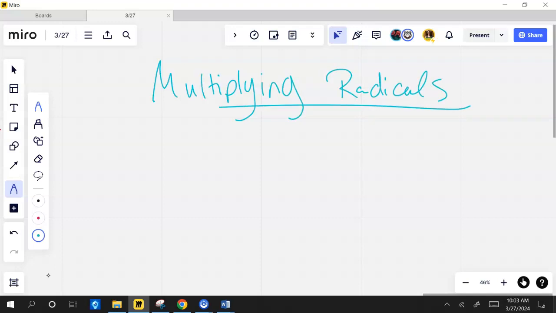Let's multiply the radical. As long as the roots are the same. Multiply under that root.